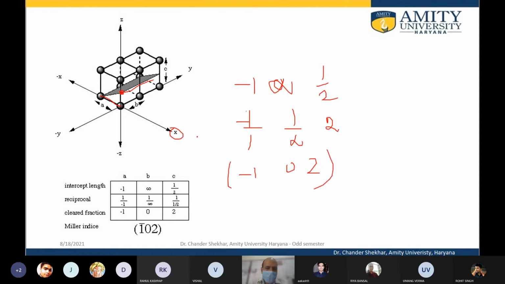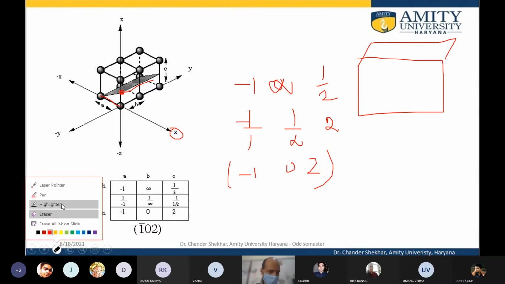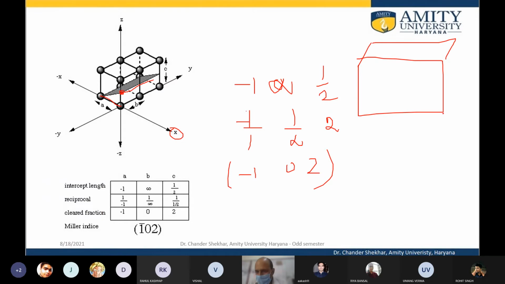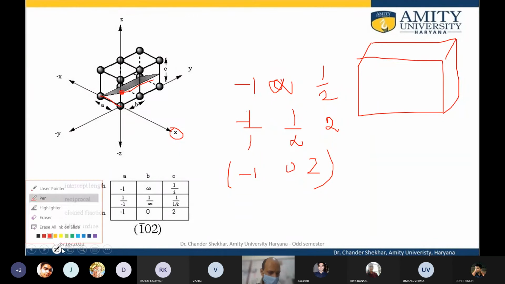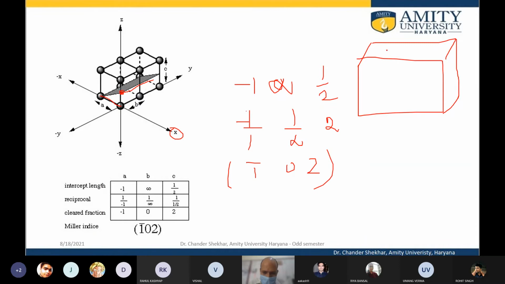So this is the plane, and accordingly we can draw the plane just by looking at the Miller indices. Suppose Miller indices are given, you should be able to draw which plane we are talking about. In the case of -1, 0, 2, this -1 by convention is written as 1 bar.